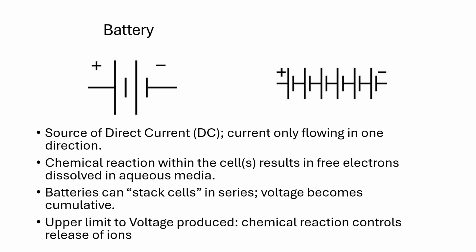Actually, AA battery is a single cell. But two AA batteries, like most of your toys and electronic devices take, handheld GPS, other things, is a 2-cell battery. Okay, the more batteries that you stack, the more theoretical voltage you can create.